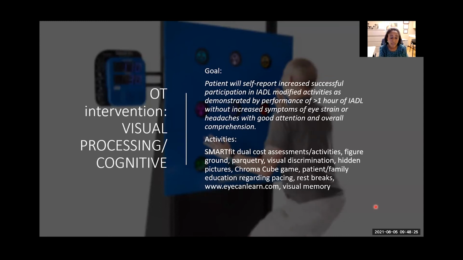But if I don't have the SMARTfit available, I can also utilize things like peg retrieval blocks, visual memory games, visual discrimination activities. Again, I referenced the website icanlearn.com that has a lot of activities that do address some of the aforementioned deficits that we talked about.